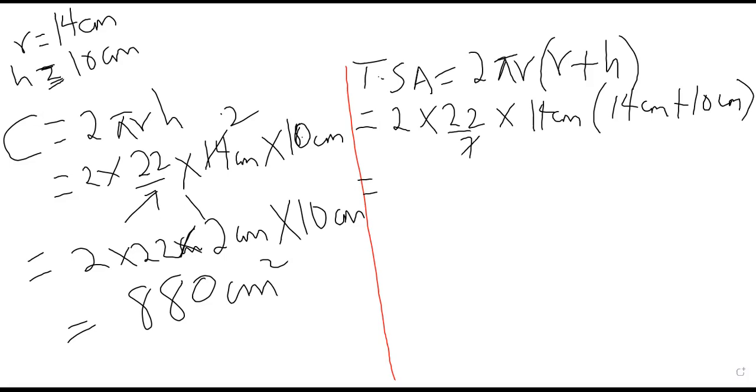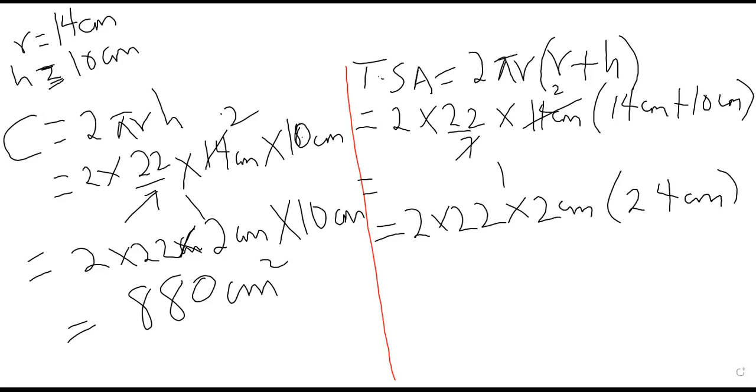So 7 over 7, and 14 over 7 is 2. We have our answer equal to 2 times 22 multiplied by 2 centimeter multiplied by 24 centimeter.